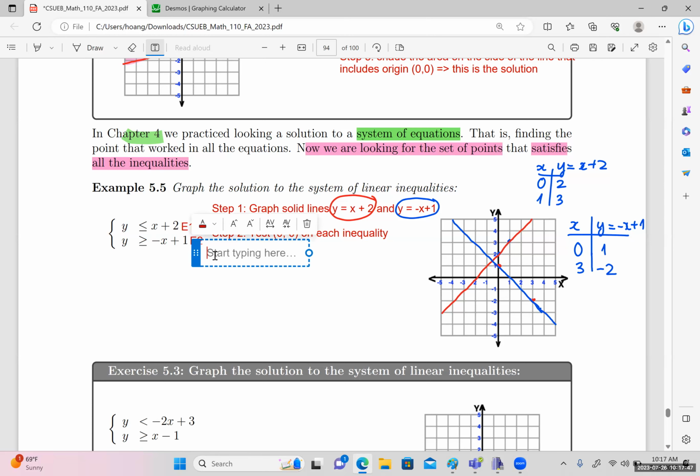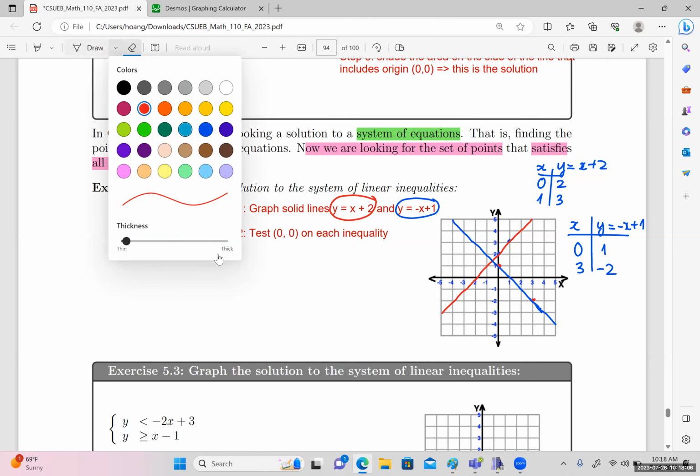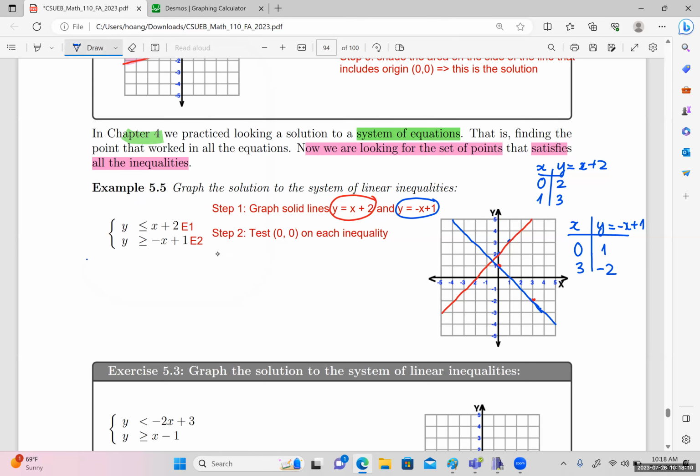So we have y less than or equal to x plus 2, right?